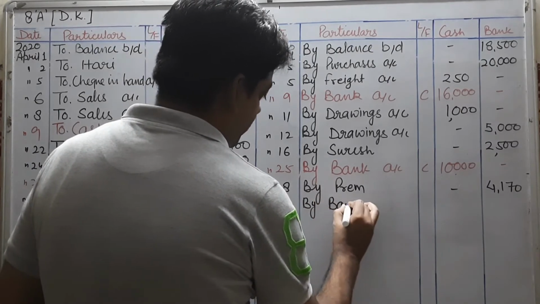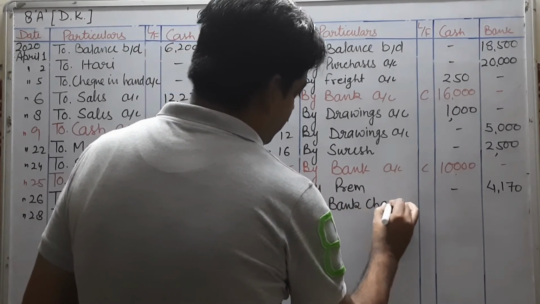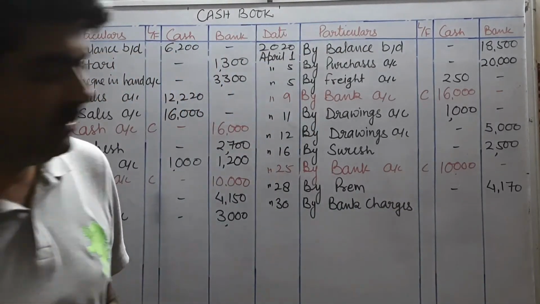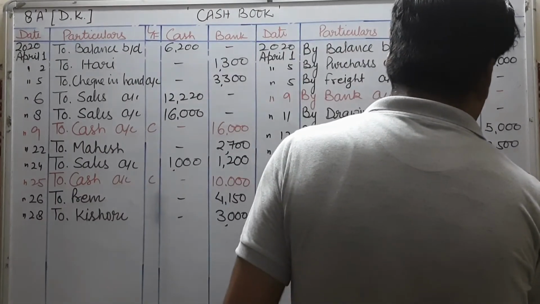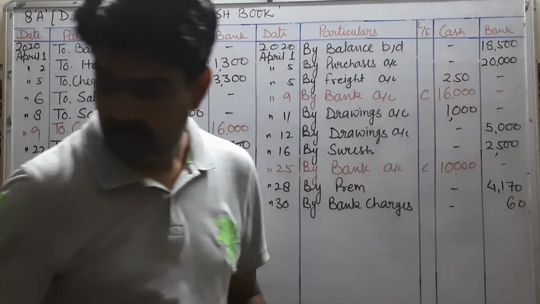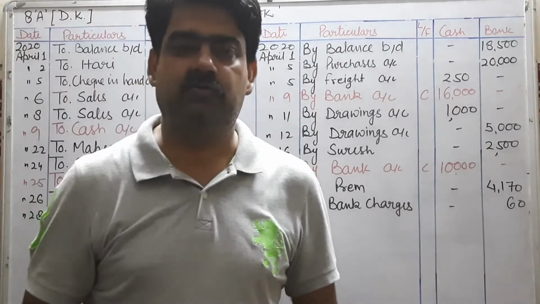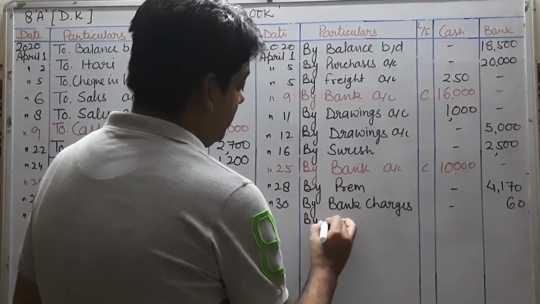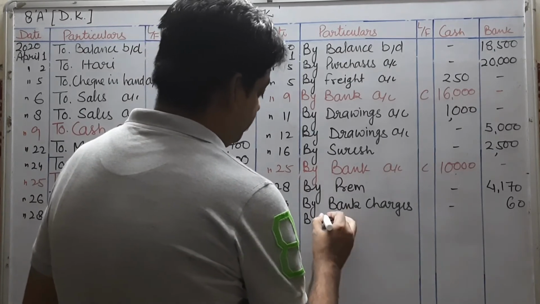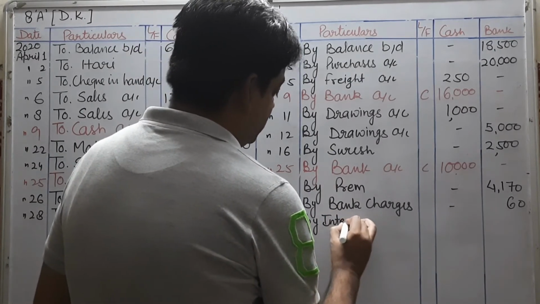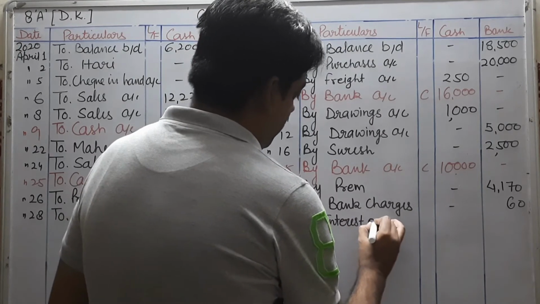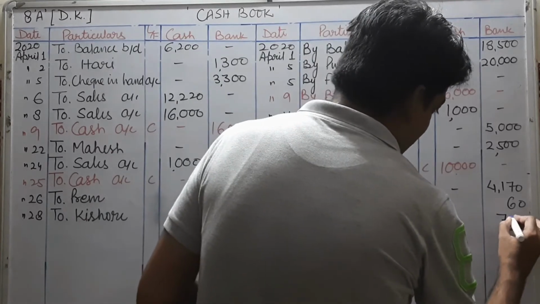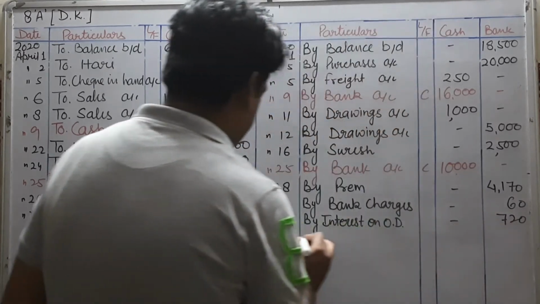By bank charges, amount will come in bank column rupees 60, and interest on overdraft is also there, rupees 720. So interest on overdraft account debit to bank, by interest on overdraft rupees 720.